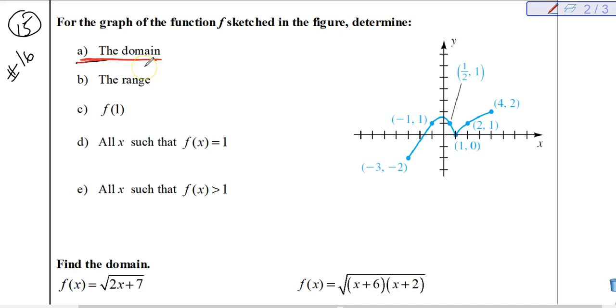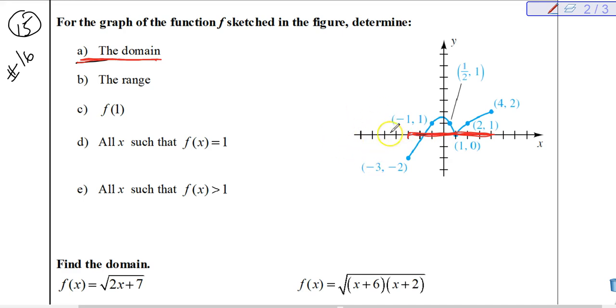What I'm looking at is how far the graph stretches along the x-axis. What's the leftmost point and the rightmost point? Do you agree that my graph spans the x-axis from here to here, right?